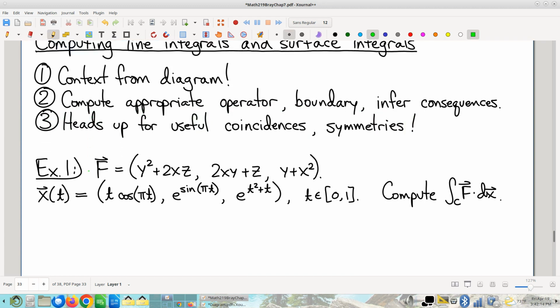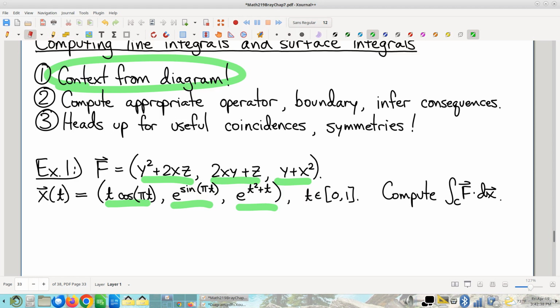So let's go through the details here. What do I mean by context from the diagram? Well, in this question, notice our vector field has 3 coordinates. Apparently this question is in 3 dimensions. Notice our parametrized curve has 3 coordinates, again reinforcing what we already knew. This is a 3-dimensional question.